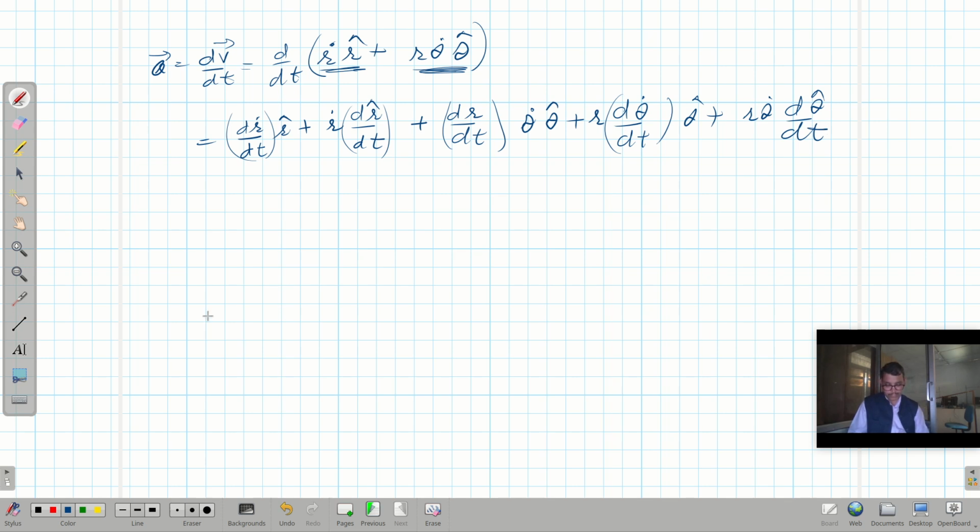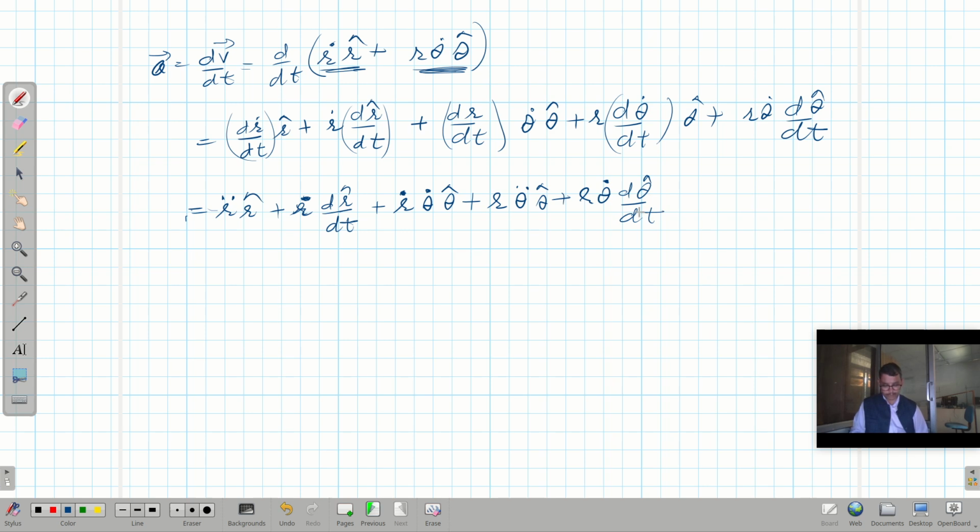Right, so these are the things we are getting here. This is r double dot r cap plus r dot dr cap over dt, plus r dot theta dot theta cap, plus r theta double dot theta cap, plus r theta dot d theta cap over dt.